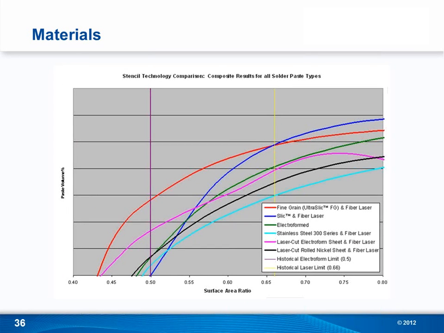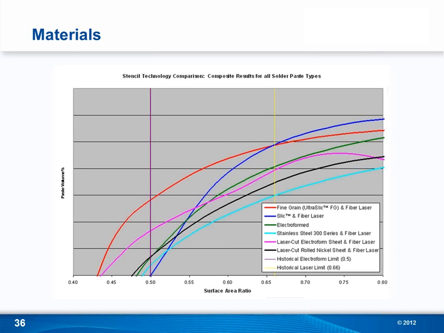A paper that was published by Bob Dervas compared various metals that were used on lasers, and it compared a number of stencils. The typical area ratio that I mentioned in the beginning that we want to exceed is 0.66.